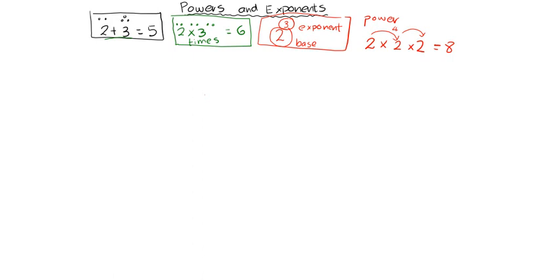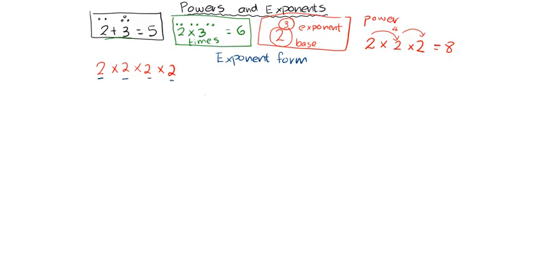So let's say, for example, you had 2 times 2 times 2 times 2, and you want to write this in exponent form. Firstly, you look at what the number is.